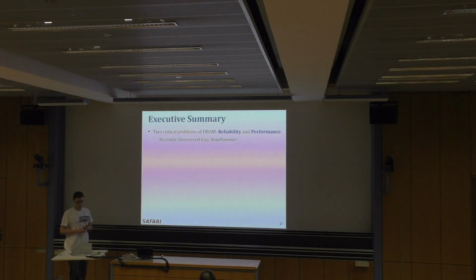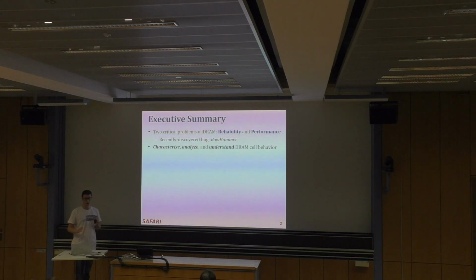Two of those important problems are reliability and performance. One example of a quite serious reliability issue, recently discovered at that time, was a bug called Rowhammer, which I'm assuming you also know about. If not, I have a short slide describing what Rowhammer is at a high level.